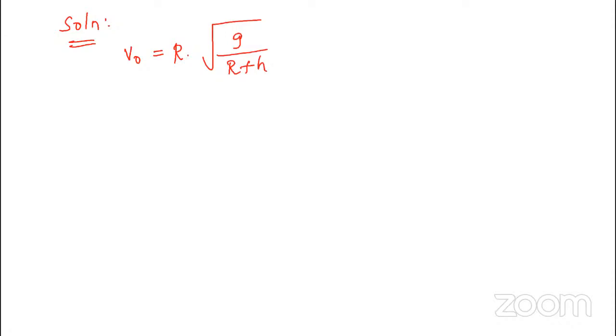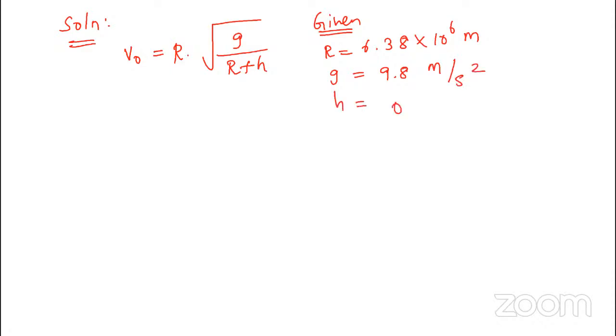First we write the given values: R is equal to 6.38 into 10 power of 6 meter, G is equal to 9.8 meter by second square, and H value is equal to 0.25 into 10 power of 6 meter.